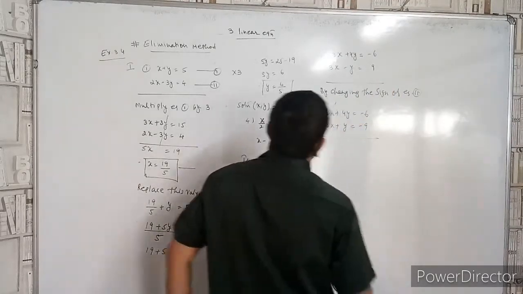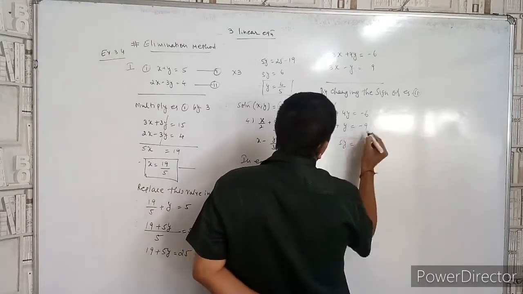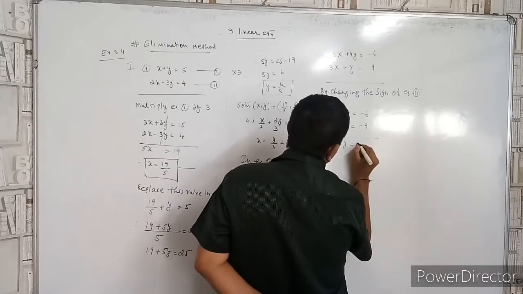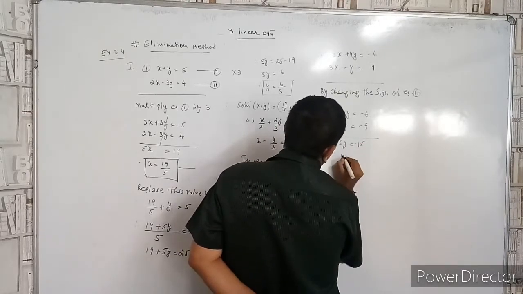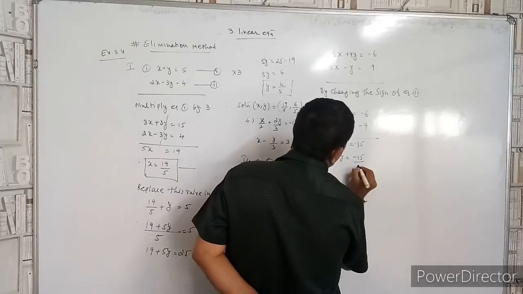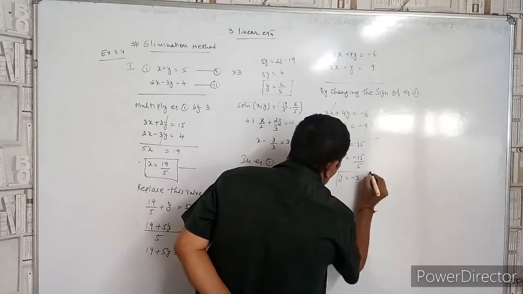Now plus and minus 3x cancel, 4y plus 1y, so it is 5y, and minus 6 plus minus 9, so it is minus 15. So therefore y is equal to minus 15 by 5. So y is equal to 5 3s are 15, minus 3.